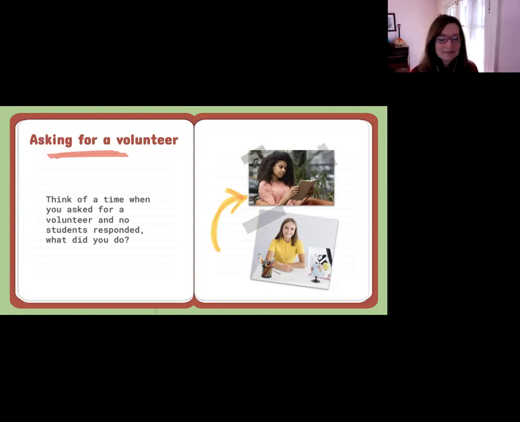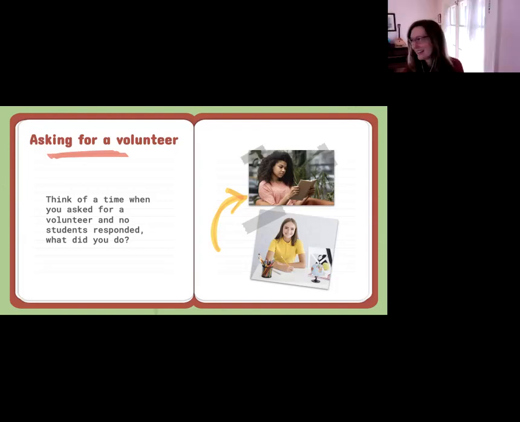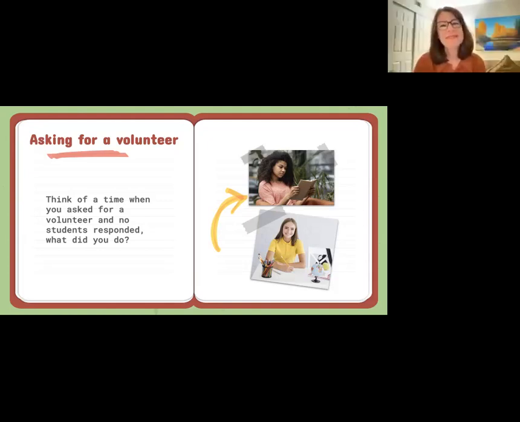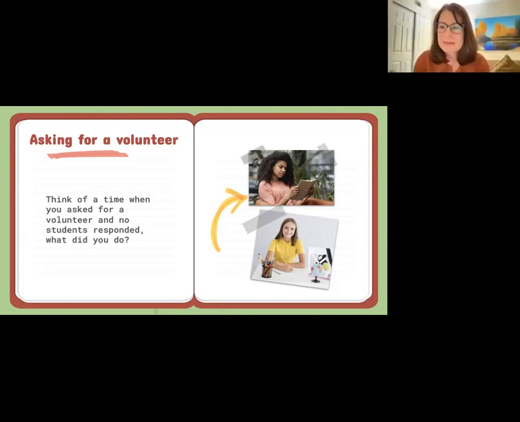And so they would be the one that I would choose. Sometimes I would say, do you guys want to be a volunteer or do you want to be a victim? And sometimes that'll get people to raise their hand and volunteer. Yeah, I use that term as well. I said, all right, the next victim, volunteer, no, victim. And it lightens it a little bit.